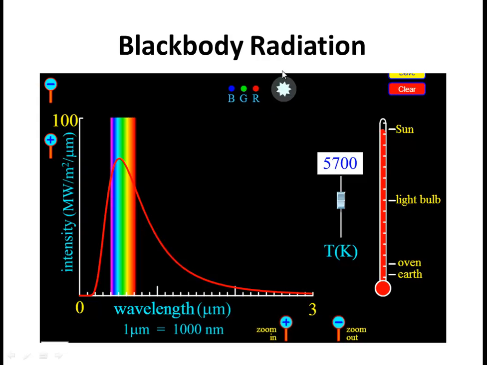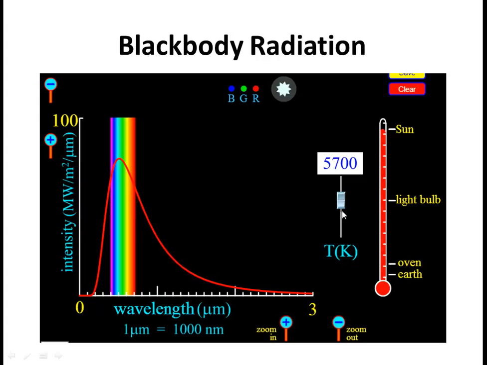And that's what this little symbol, which looks like a sun, shows. I should say that this screenshot is from a PhET simulation. We've done a PhET simulation before with radio waves, and this is the blackbody radiation simulation from that same website. I encourage you to play with it.